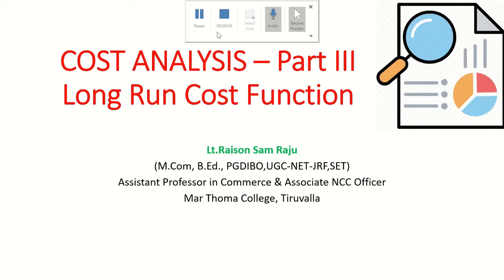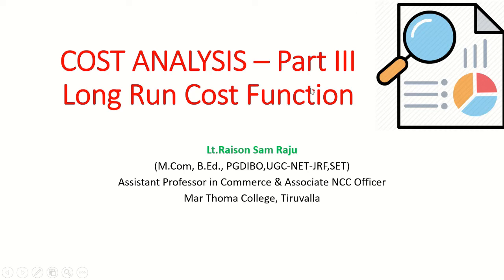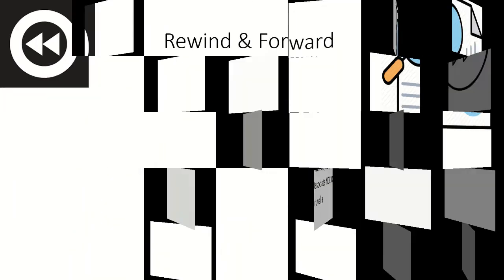Hi students, in this video we are going to discuss the long run cost function. In the last video we discussed the various determinants of cost and also the cost output relationship in the short run.